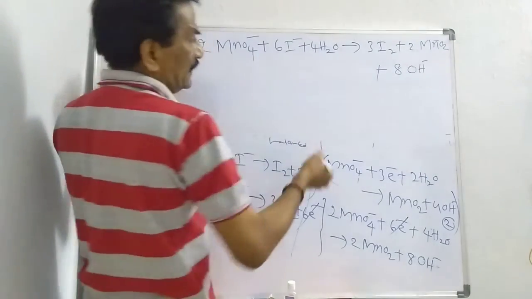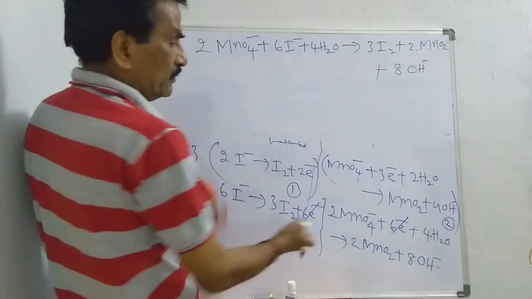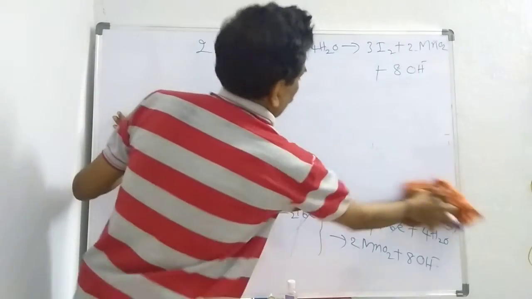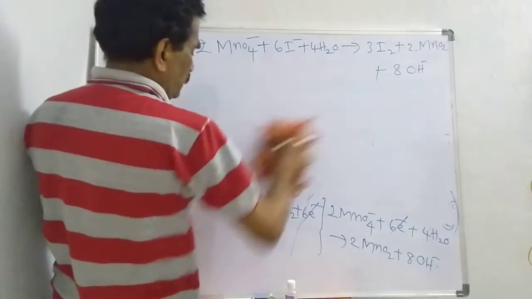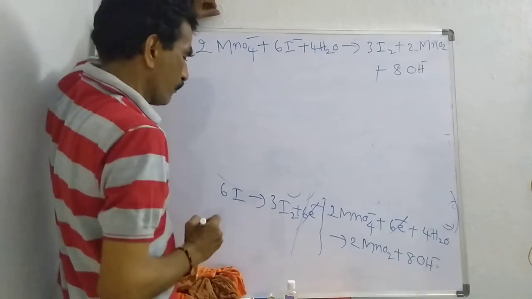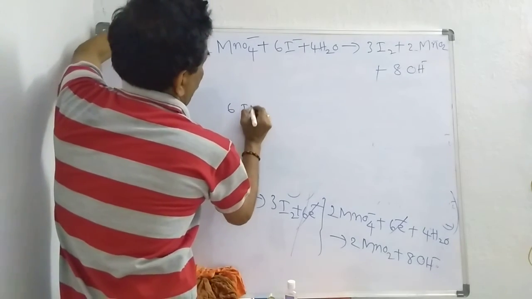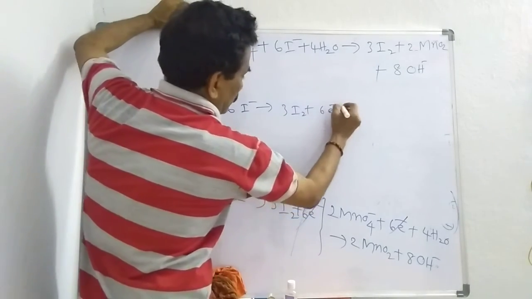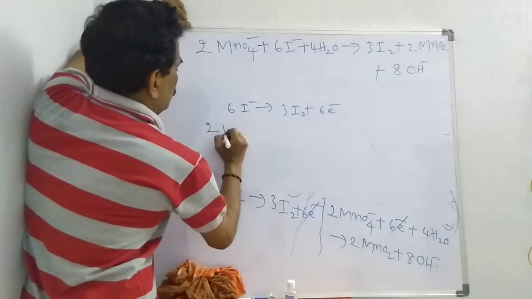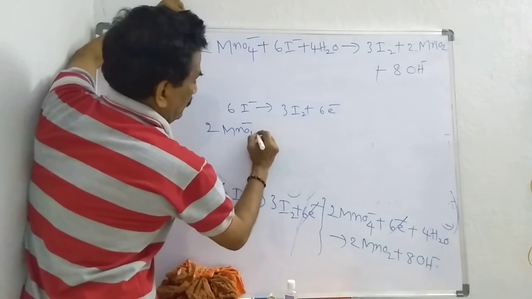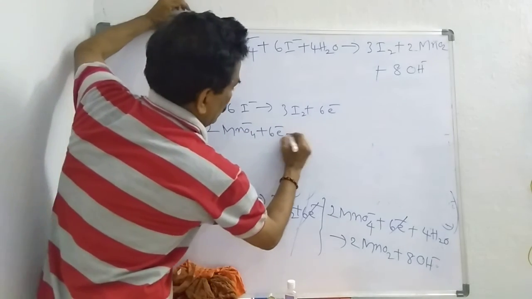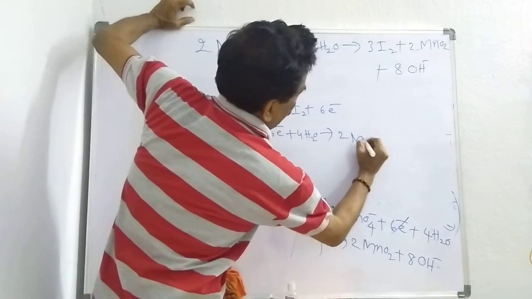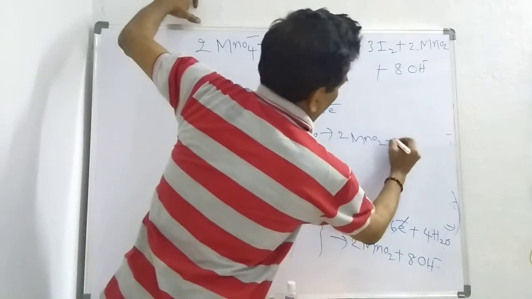I have directly given this equation, but you take 1 and 1. To avoid confusion, you simply write this one. 6I minus gives 3I2 plus 6 electrons. This is one equation. 2MnO4 minus plus 6 electrons plus 4H2O gives 2MnO2 plus 8OH minus.